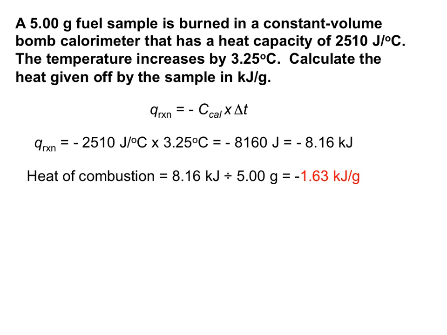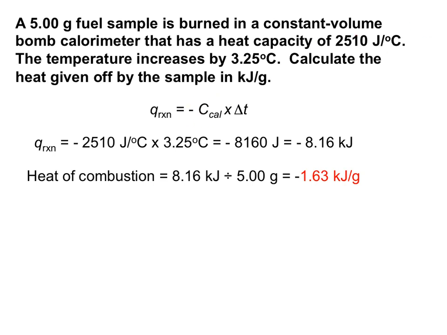They could have asked this in several different ways. They could have totally left out constant volume bomb calorimeter, and said a 5 gram fuel sample is burned in a calorimeter that has a heat capacity of this. Notice the units here are different for our heat capacity, and they would have told you that the calorimeter has this heat capacity.